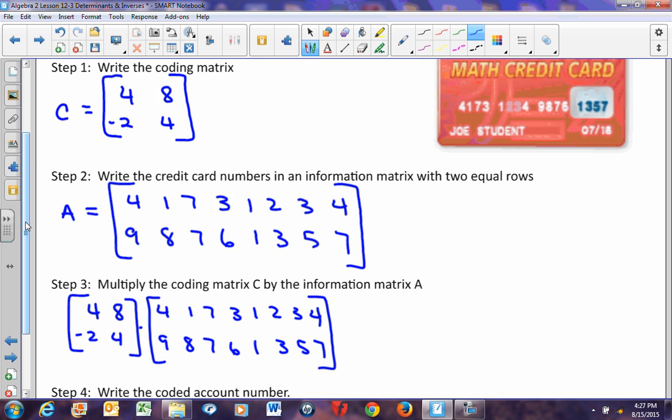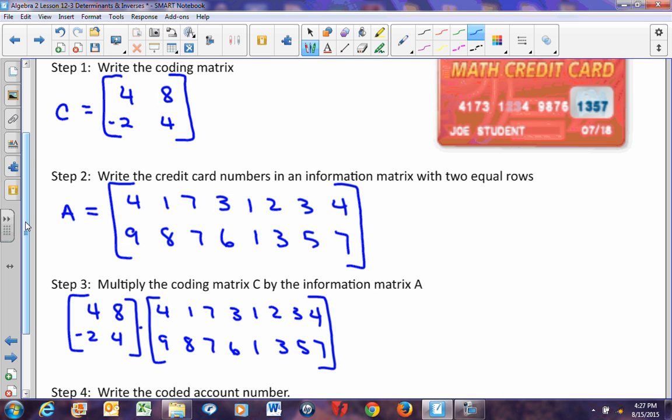4, 1, 7, 3, 1, 2, 3, 4, 9, 8, 7, 6, 1, 3, 5, 7. And I multiply those together.